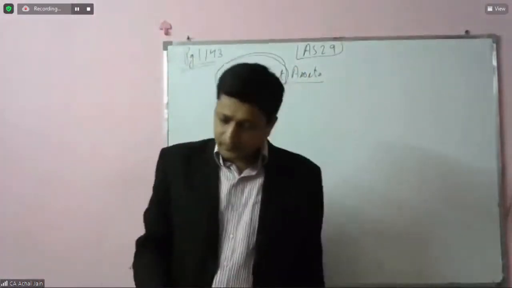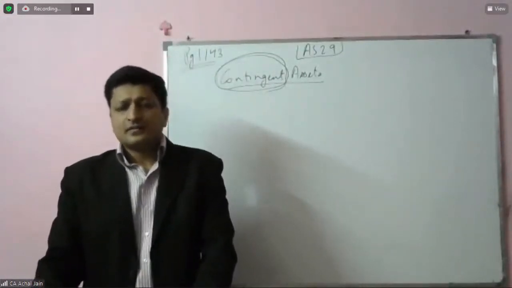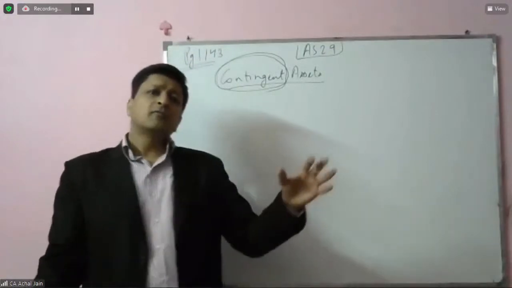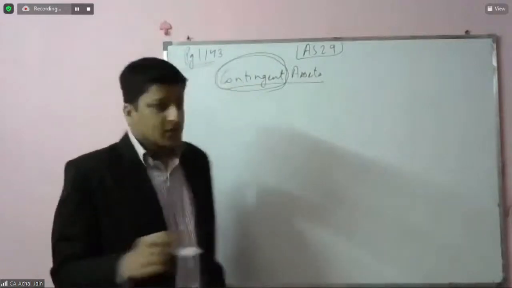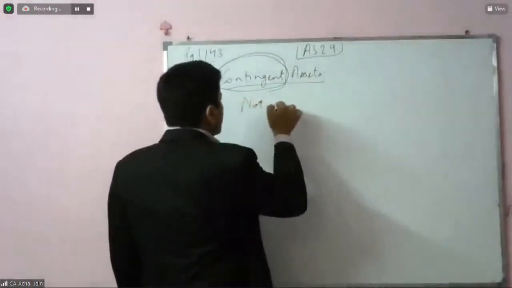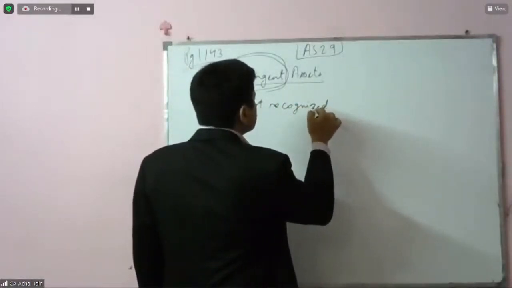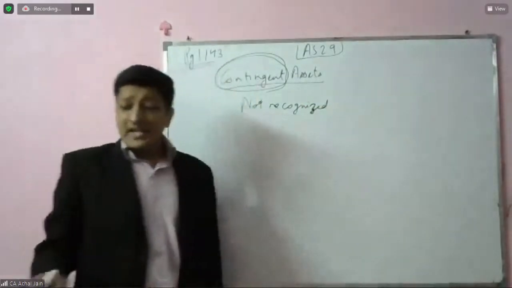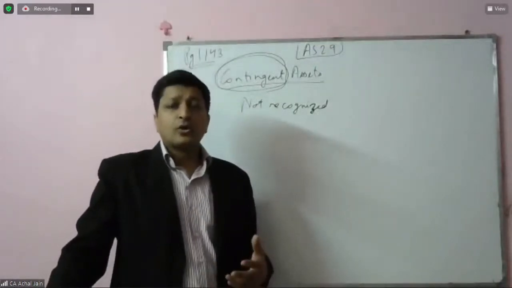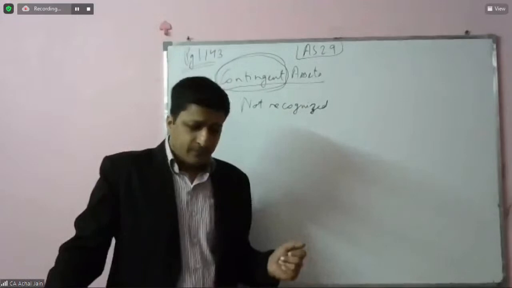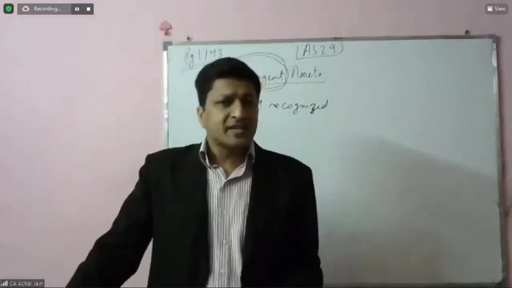The moment we say it's a contingent asset, then similar to what we do in case of contingent liability, you will not recognize it. So these are not recognized. These are recognized only when the certainty is there, or you can say uncertainty is removed. And the moment uncertainty is removed, it becomes very easy because we will say it's an asset.